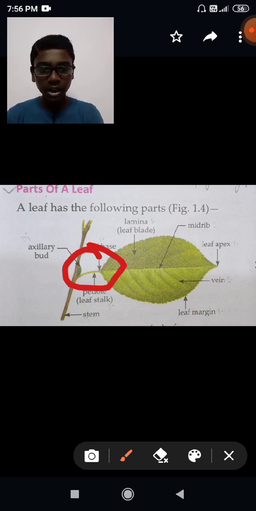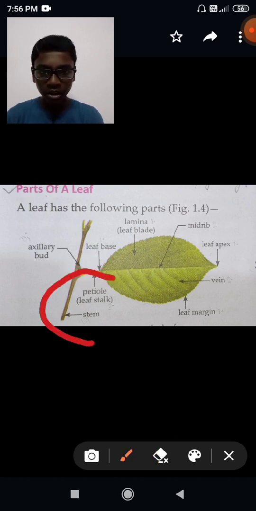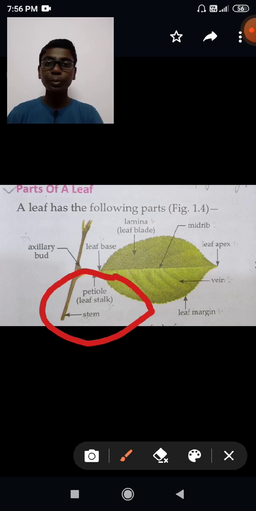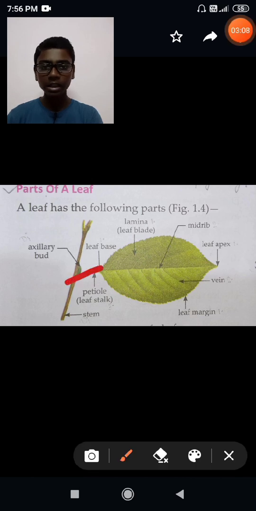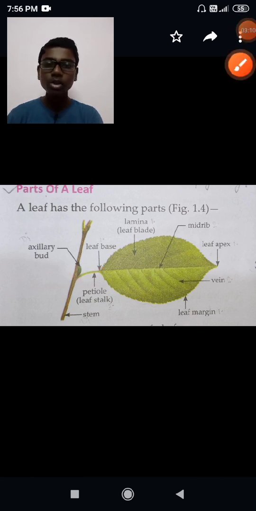Now over here, if you refer to the spelling, you will find it is petiole, but we can pronounce it as pithiol also, or we can pronounce it as petiole also. Now petiole is also known as the leaf stalk because it is a stalk-like structure which attaches the leaf to the stem.